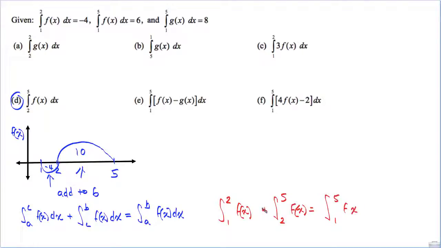And we know what each of these is. We know that 1 to 2 is -4, so we can say that's -4. 2 to 5, we don't know, so we'll say plus x because we don't know it. That's going to equal 1 to 5, which we do know, it's 6. And how do we solve for x? You add 4 to both sides, plus 4, and x equals 10. You get the same answer of 10.